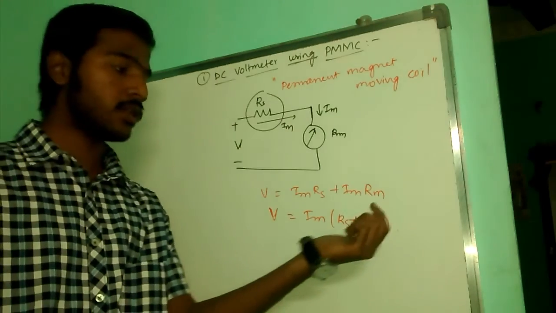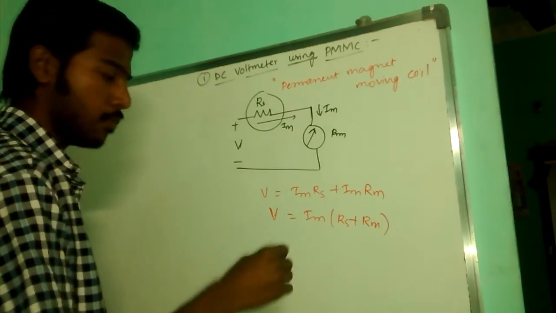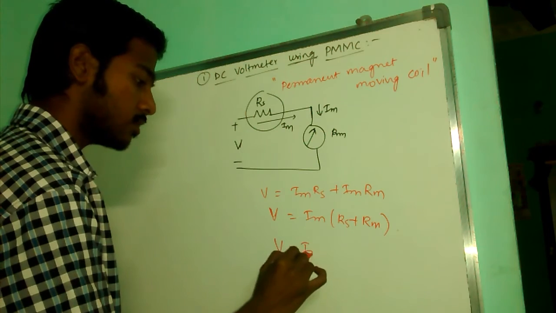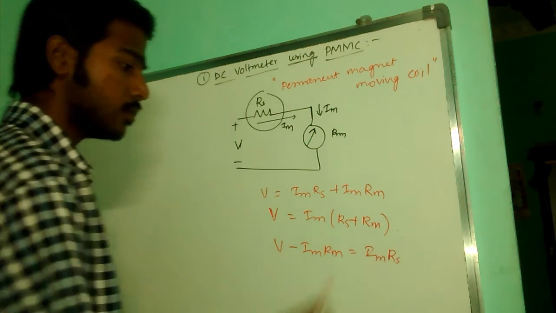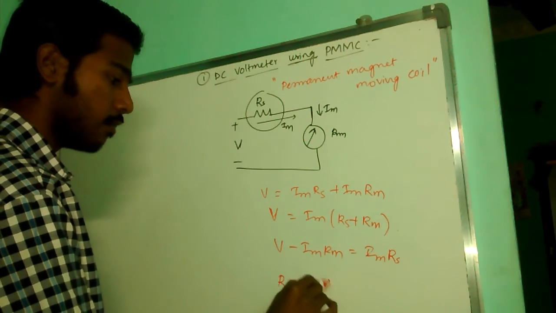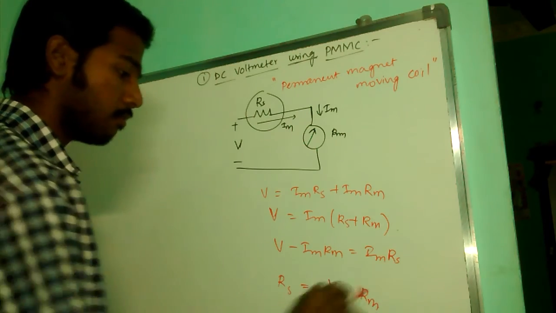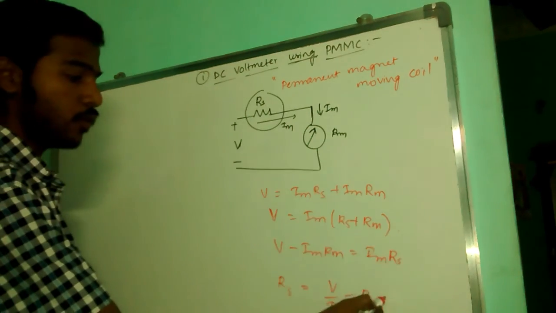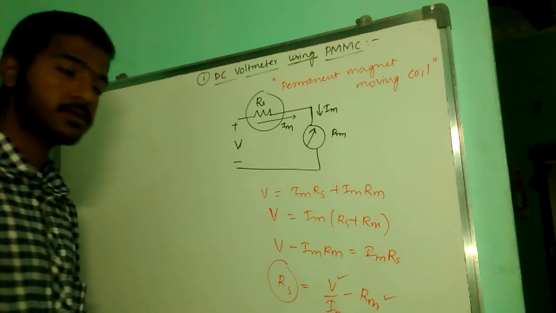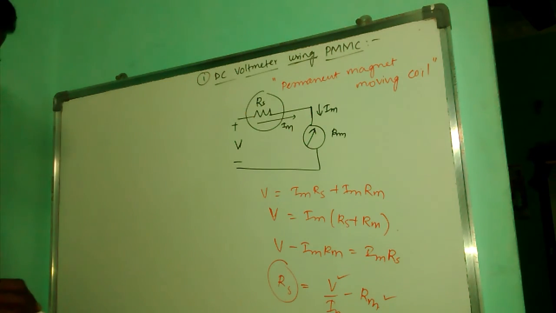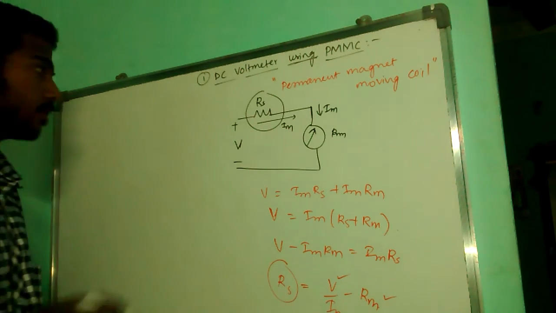Rm is the internal resistance. If we want Rs only, divide by Im and get Rs equals V by Im minus Rm. They will give V, Im and Rm, and we need to find Rs.